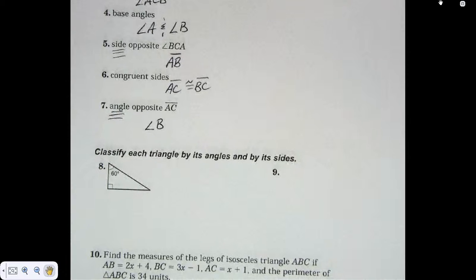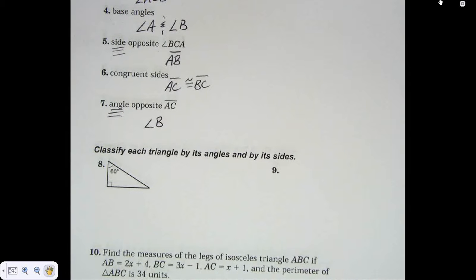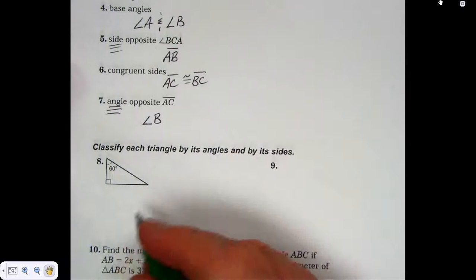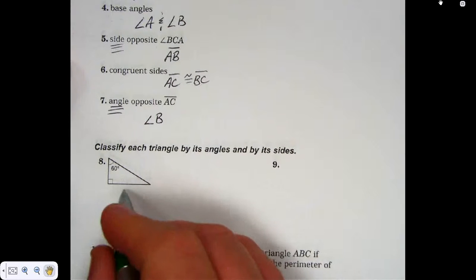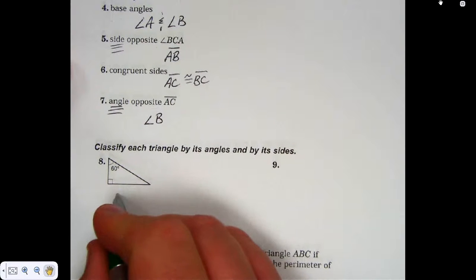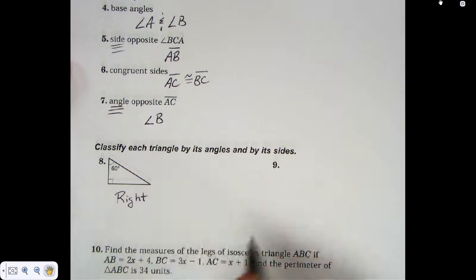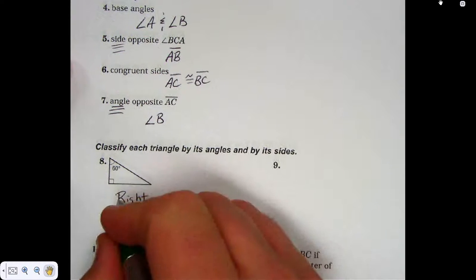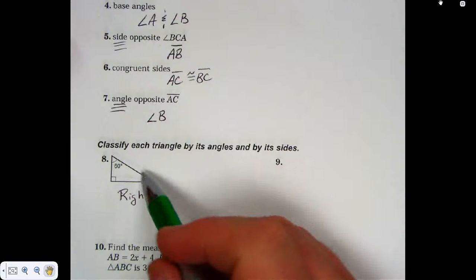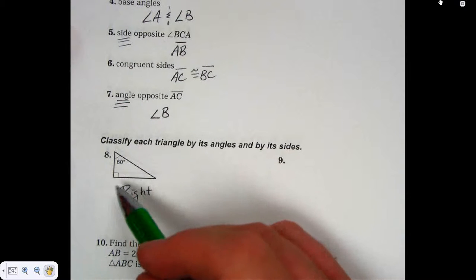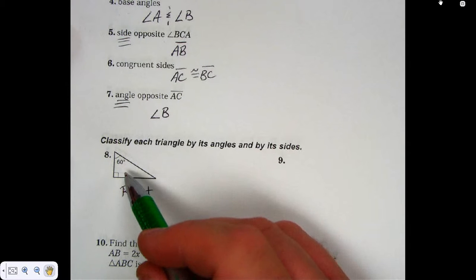Let's look at number 8. Classify its triangle by its angle and by its sides. Okay. First of all, by its angle, it's a what? Now, did they tell you any sides were congruent here? They did not, did they?